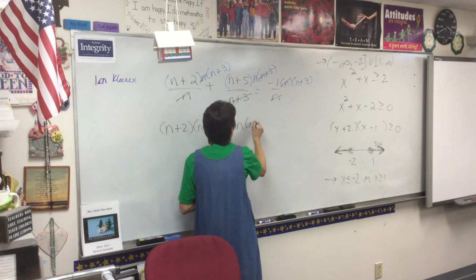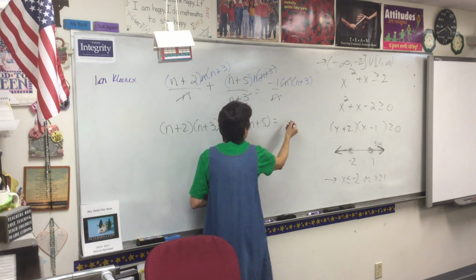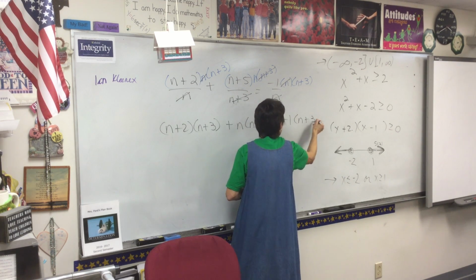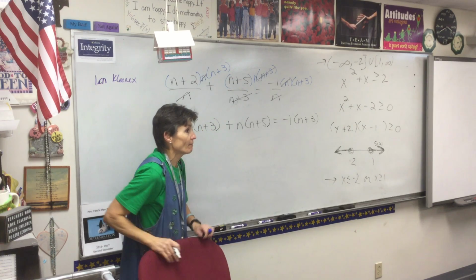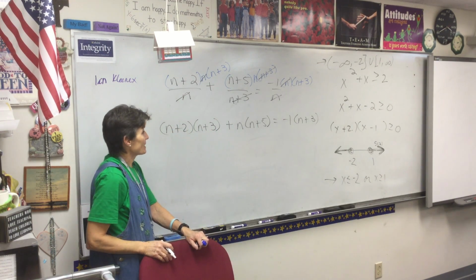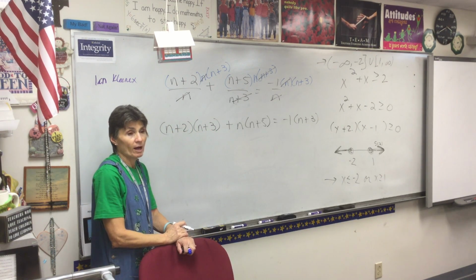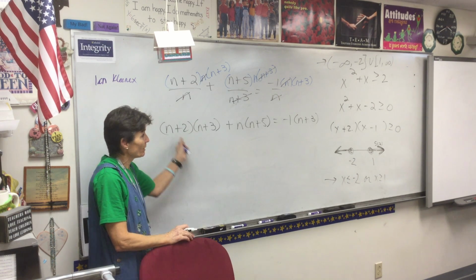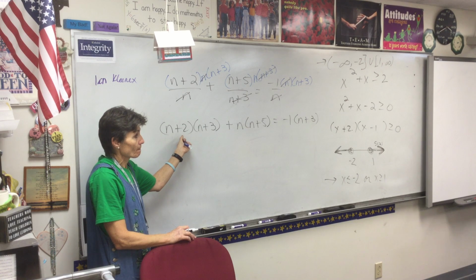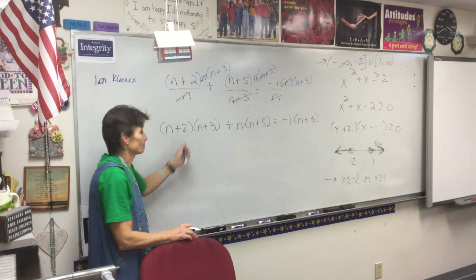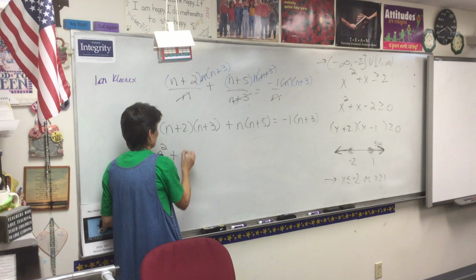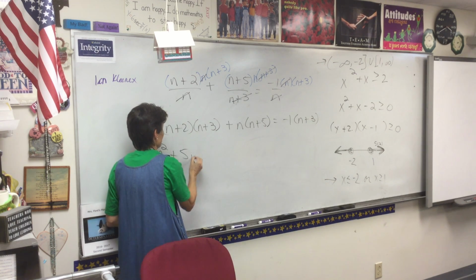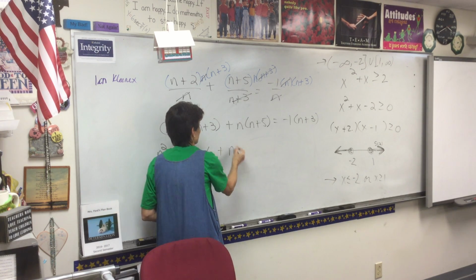plus n plus 5 equals negative 1, n plus 3. That's the part that's left, Jalen. That's the part that's left after I multiply. Okay, so what do I do here? FOIL? So n squared plus 5n plus 6.